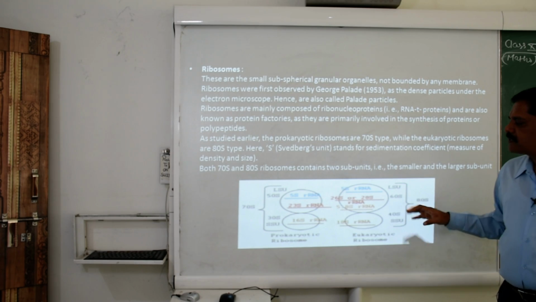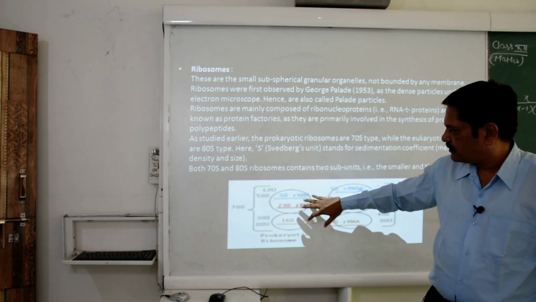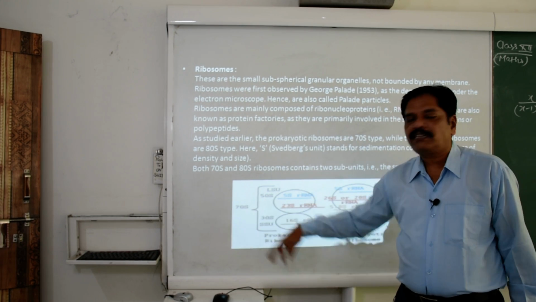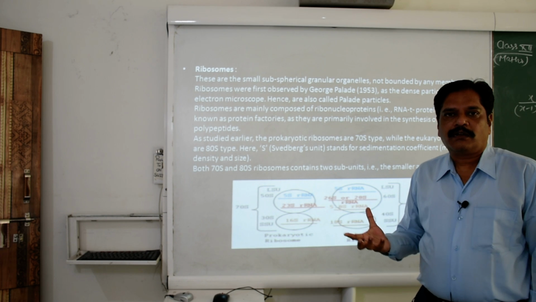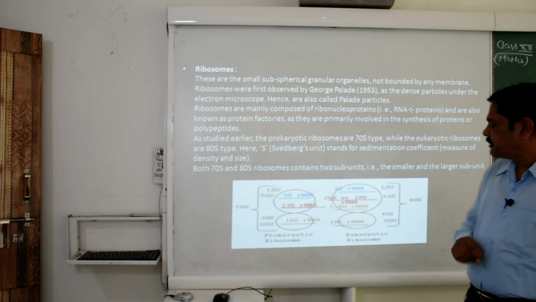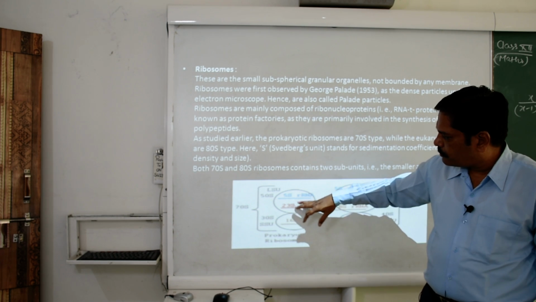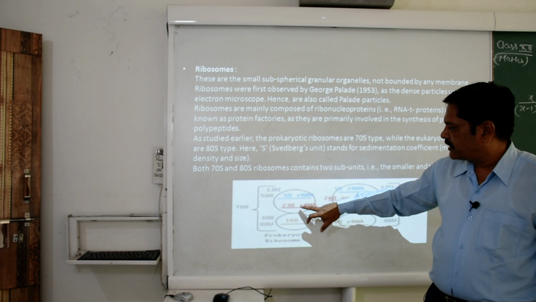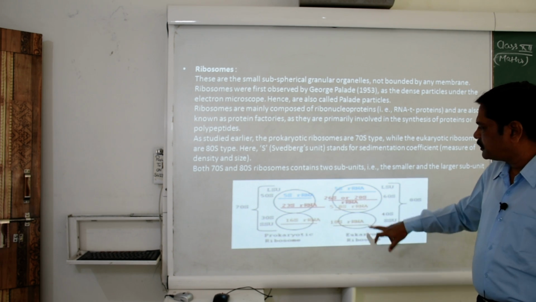We know that the ribosome is basically made up of two units. You can see that the 70S ribosomal unit is the characteristic feature of the prokaryotes, and the 80S is present in the eukaryotic cell. So this 70S is made up of two smaller units, 50S and 30S, while this 80S is made up of 60S and 40S.